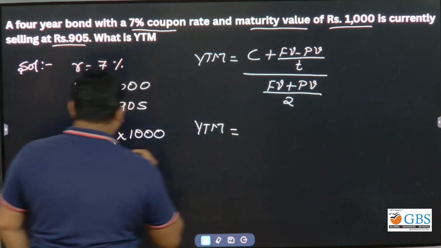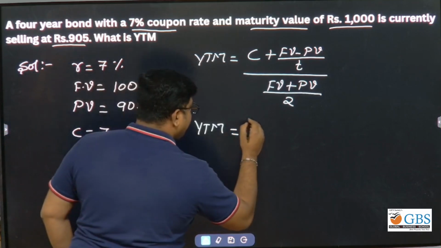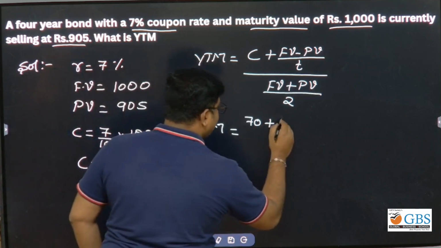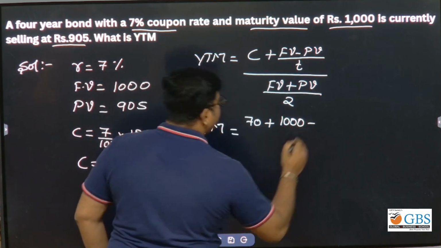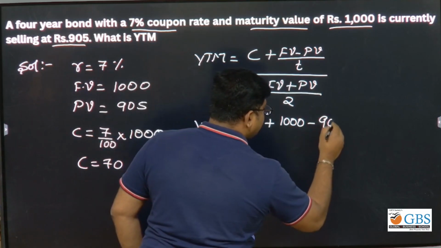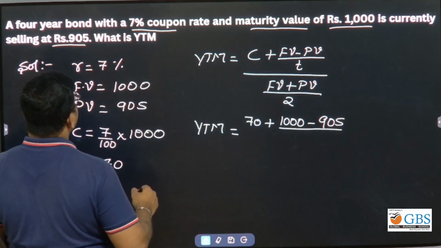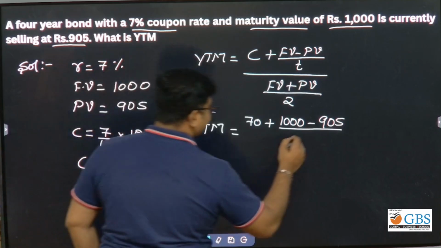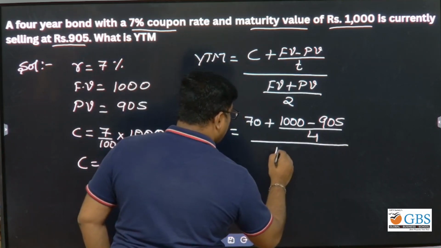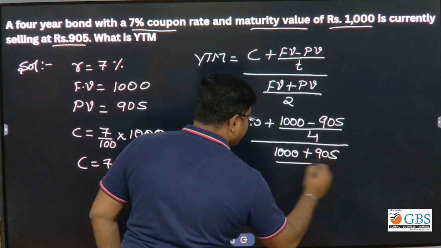C is equal to 70. So 70 plus (face value 1000 minus present value 905, divided by 4 years), whole divided by (1000 plus 905) by 2.